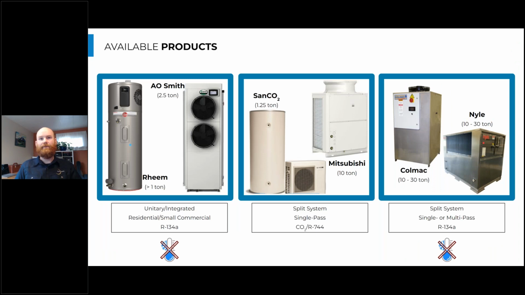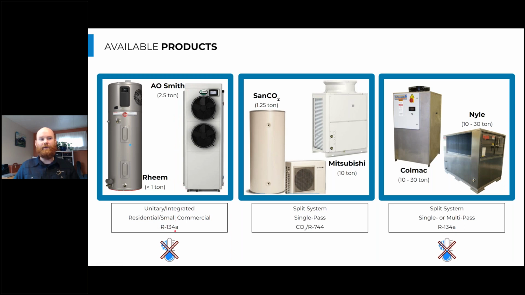And we also have numerous products available. So I touched on this a little bit. There's 2 integrated or unitary heat pump water heater products here. There's many more than I'm showing, but I just picked 2 from each category for this example. And these are smaller residential size product, and this is a light commercial heat pump water heater by A.O. Smith.